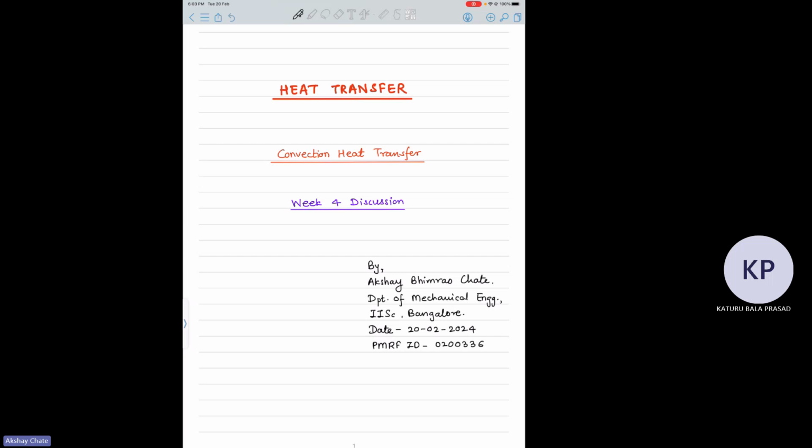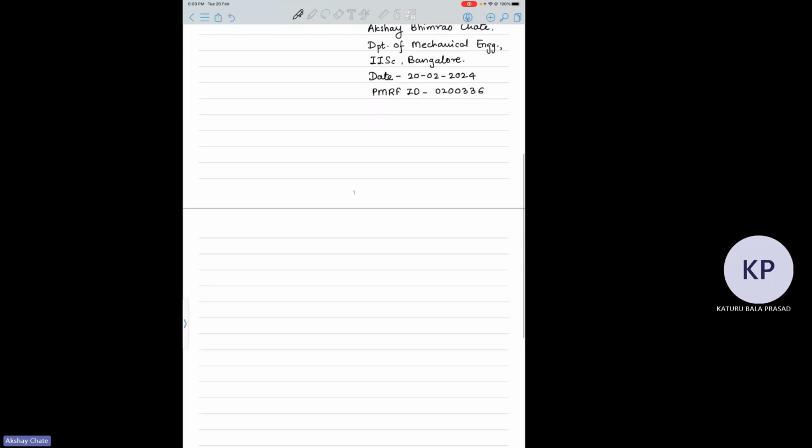There are three types of boundary layers: first the thermal boundary layer, then the concentration boundary layer, and then the momentum boundary layer. All these were introduced. Then the discussion on the boundary layer started with some approximations and governing equations, but we'll take those in the next class. So right now we'll start with some basic things about convection.